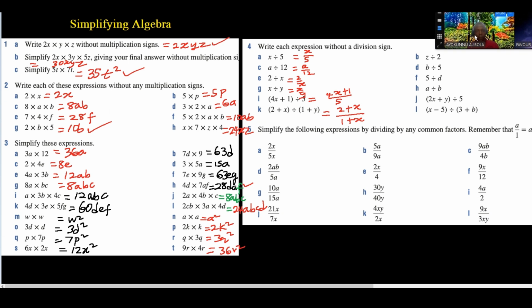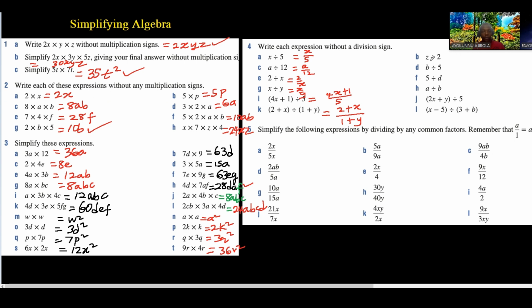What did you say? One plus y, at the bottom. Oh yes, thank you for that.